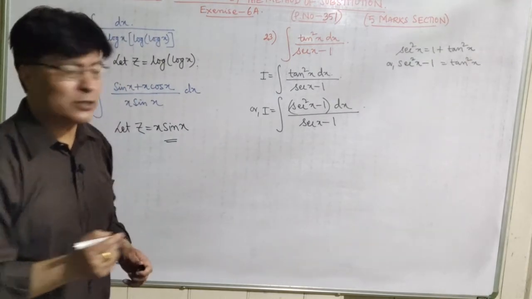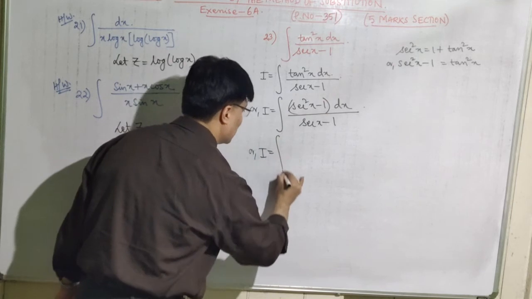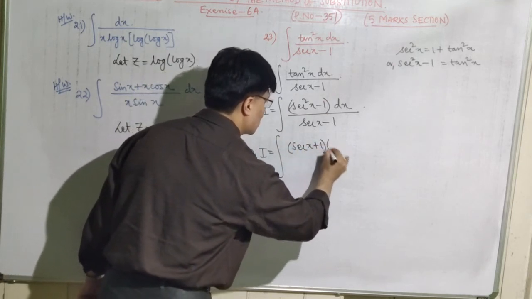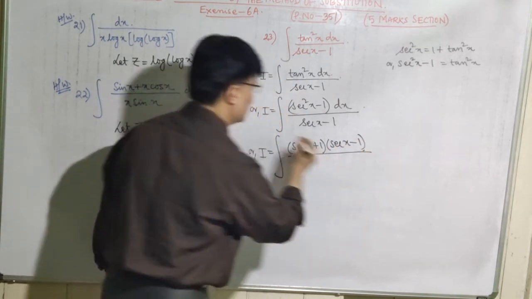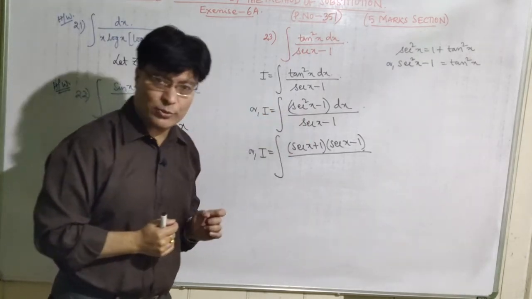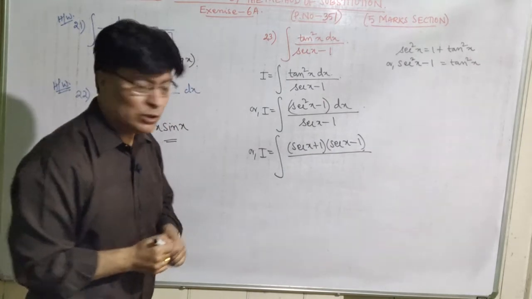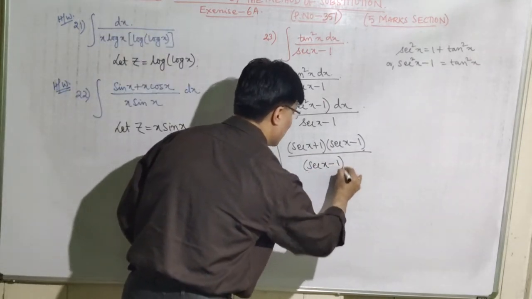It is a plus b into a minus b. Or I is equal to integration of sec x plus 1 into sec x minus 1. You know this formula, isn't it? That is sec square x minus 1 will be a square minus b square, which is equal to a plus b into a minus b. So this whole divided by sec x minus 1.